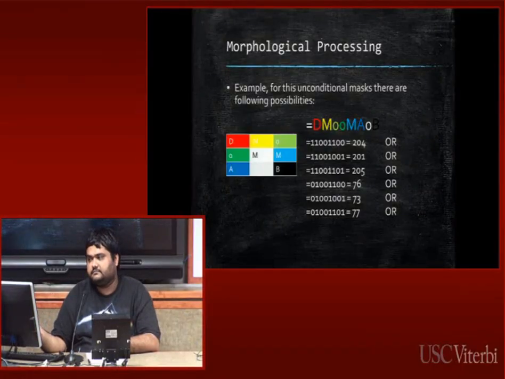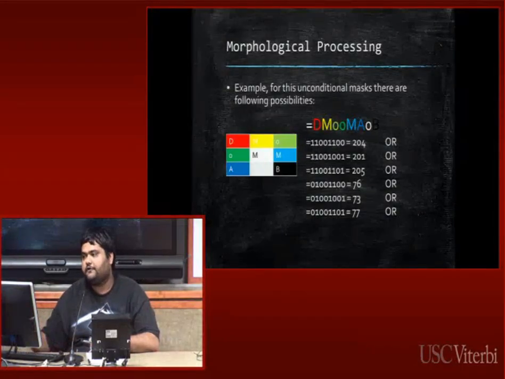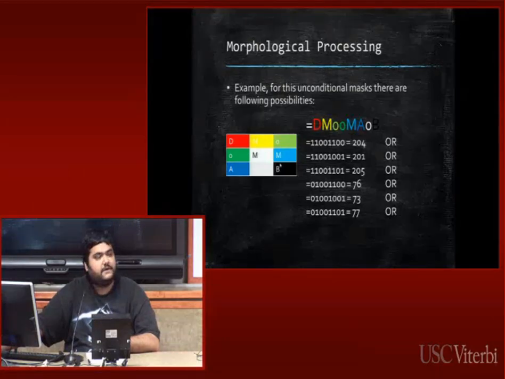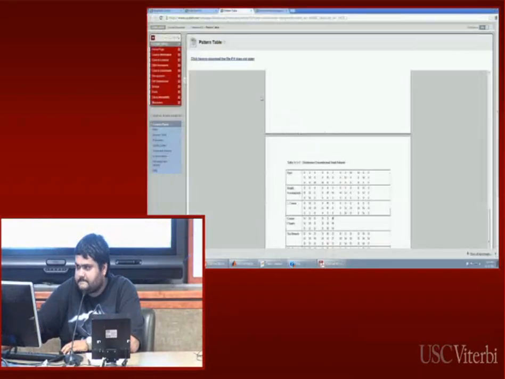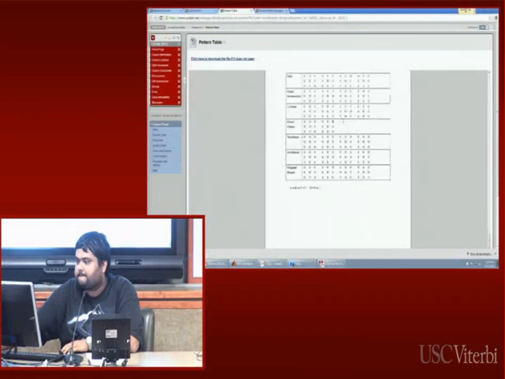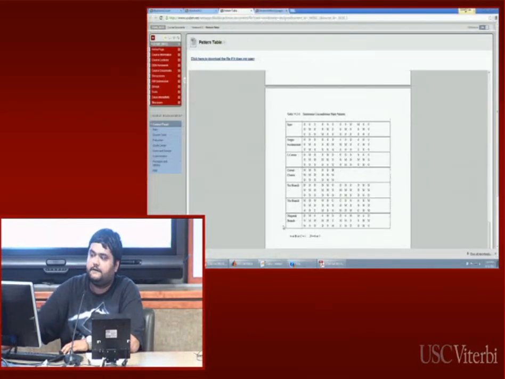Now for M, what are D, M, A, and B? If you look at a mask, D is either 0 or 1. A, B, C can be 1. Any of them has to be 1. At least one of them has to be 1.